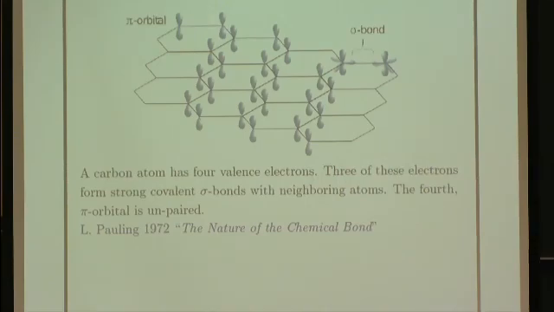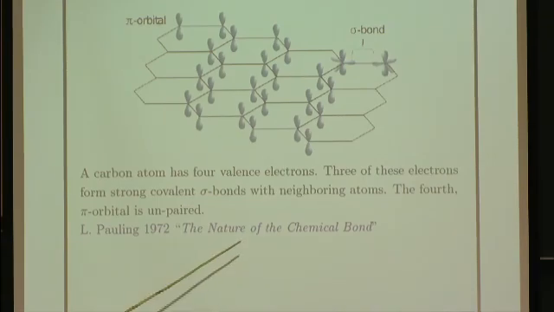Okay, the electronic structure of the material is pretty easy to understand. The carbon atoms that you think of sitting at these intersections have 4 valence electrons. 3 of those electrons are soaked up into very strong covalent bonds with the neighboring carbon atoms. Those are among the strongest bonds in nature, which make the material very tightly bound and is somewhat responsible for its very clean properties.